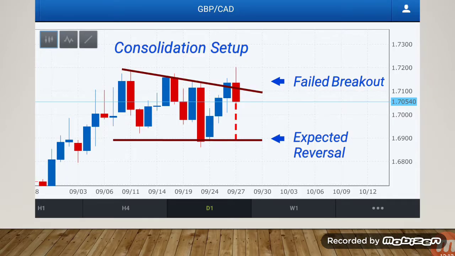Now in this case on the pound Canadian dollar, as you can see here on a daily chart, the market formed a fairly small consolidation setup, what I call a normal consolidation setup in the trading manual.